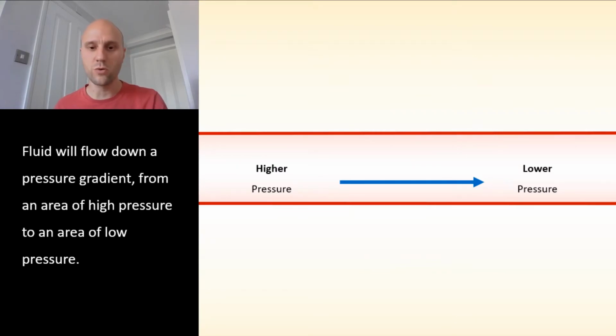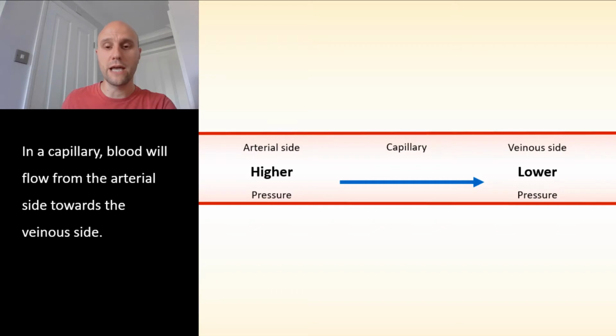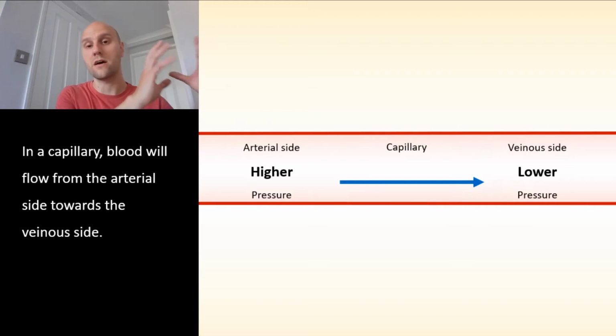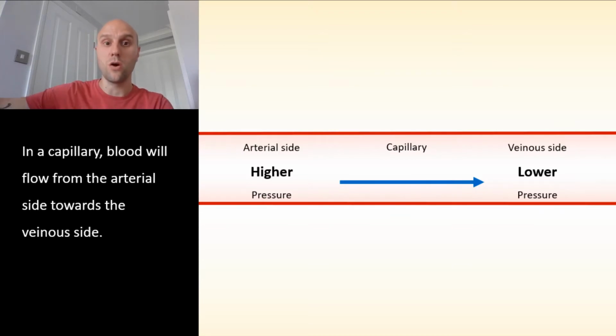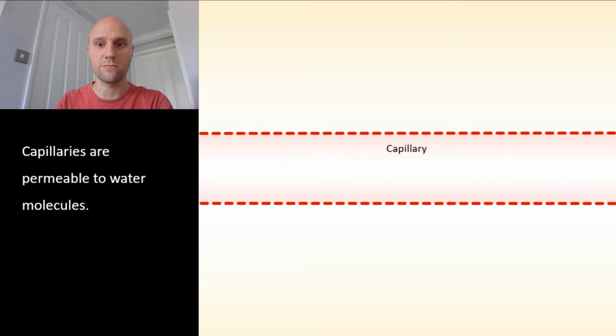And we'll recall that fluid will flow down a pressure gradient, so it will move from an area of high pressure to an area of lower pressure. If we were to think about our capillaries, our smallest blood vessels within the tissues, their pressure is highest on the arterial side, and so fluid will move through the capillary bed if the pressure is lower on the venous side, and that's what generally happens in health.